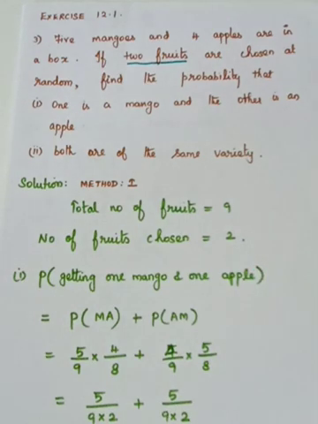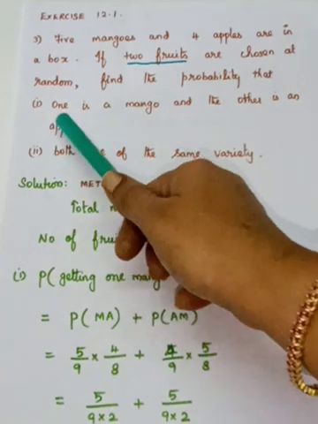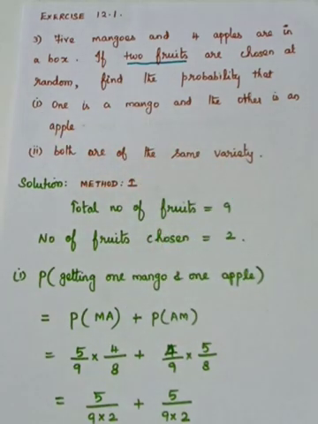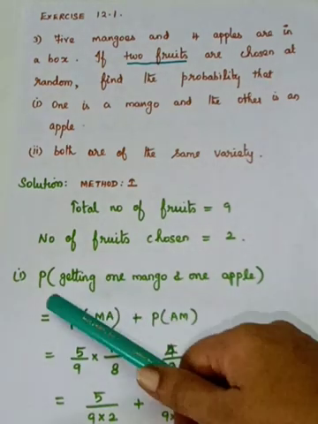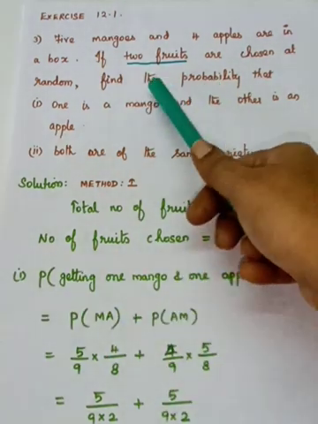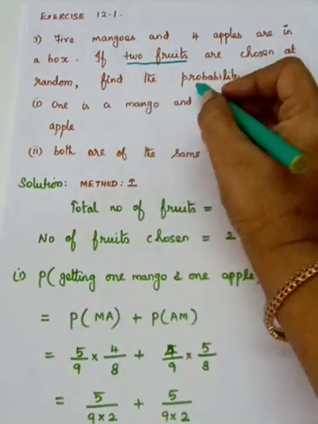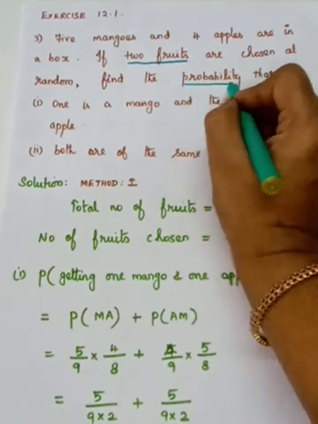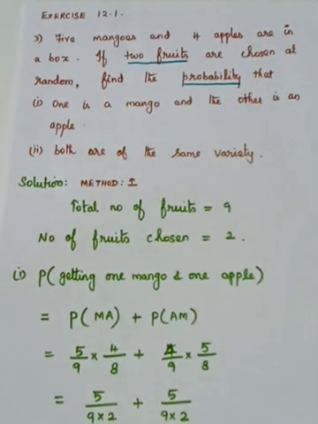Okay. So, when you are choosing the 2 fruits, in the first subdivision, how it should be? One is a mango and the other is an apple. Okay. So, it is asked to find the probability. So, what is the chance that of the 2 fruits chosen, one is a mango and the other one is an apple.